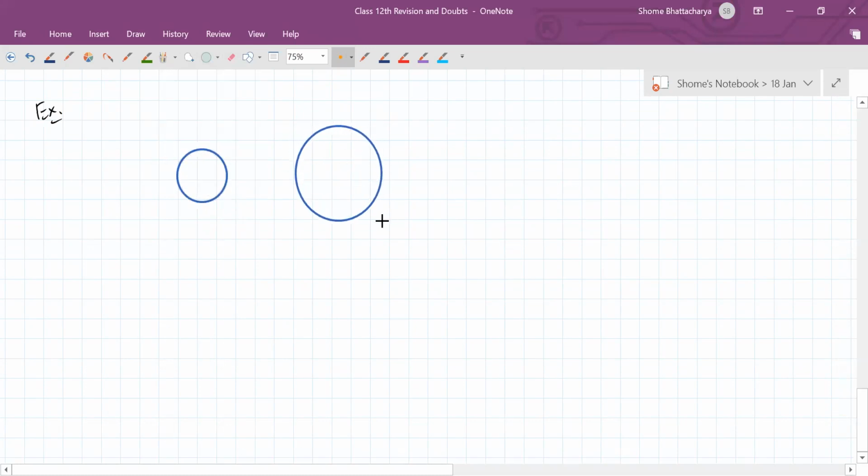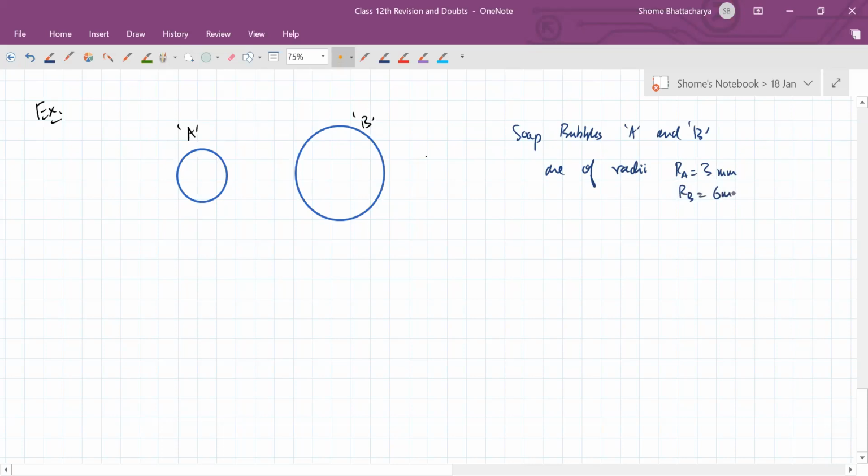So we have two soap bubbles of radii 3 millimeter and 6 millimeter.